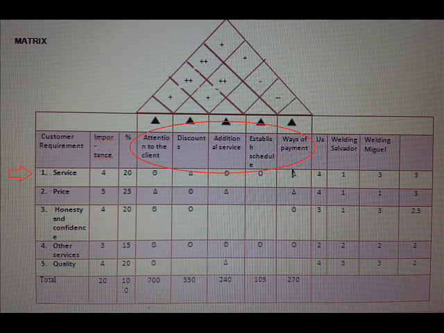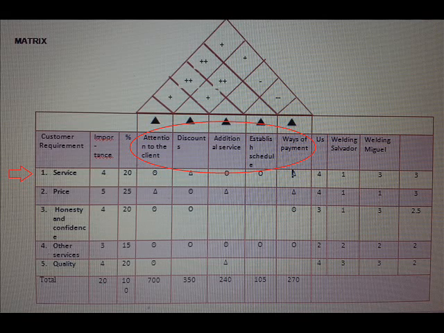Then we go to the next part. We go to discounts and service. We put a triangle which represents a 1. Discounts and price, which represents a 9. Discounts and honesty, which represents a 3, a circle. Other services with discounts, a little circle.